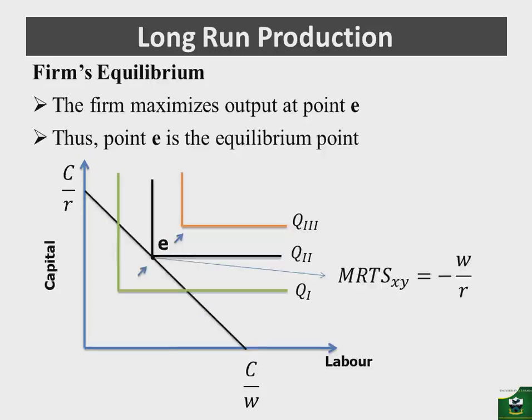We can also look at the case of the right-angled isoquants. Here again, we see that the firm is in equilibrium at point E, and the direction of increasing output level is up and to the right. The firm maximizes output at point E because the isocost line is tangent to isoquant 2. So at point E, the marginal rate of technical substitution is equal to the factor price ratios.